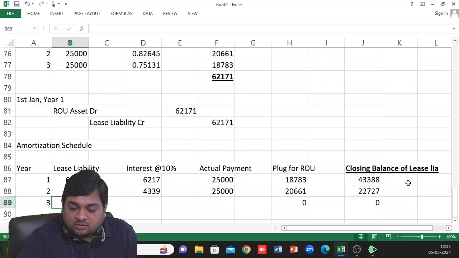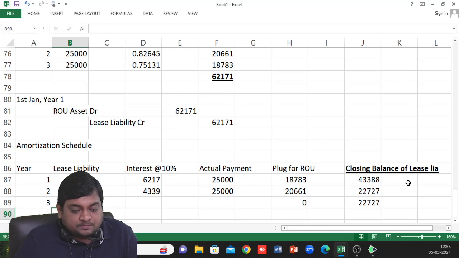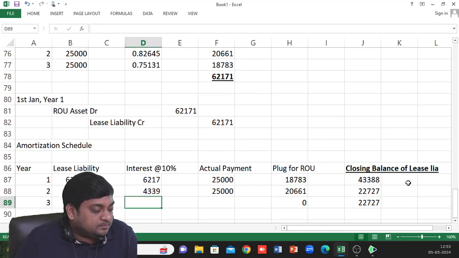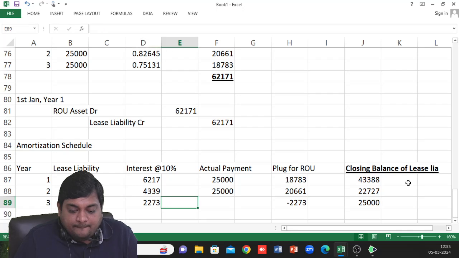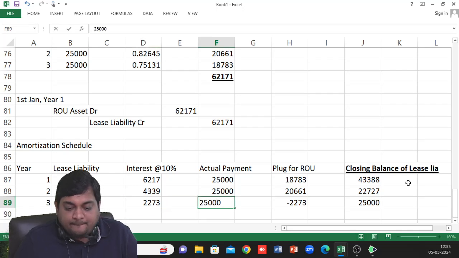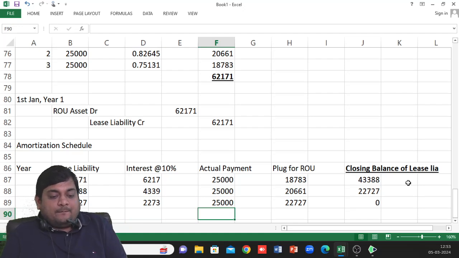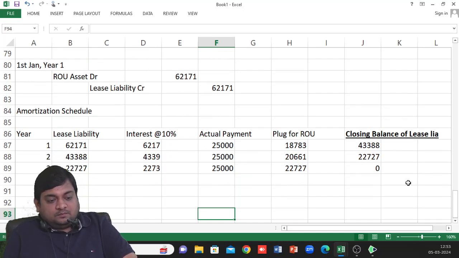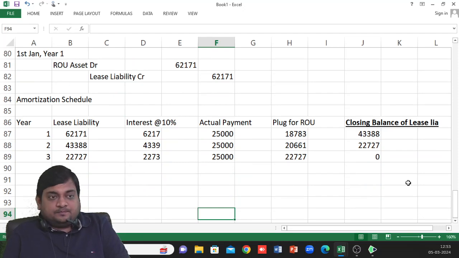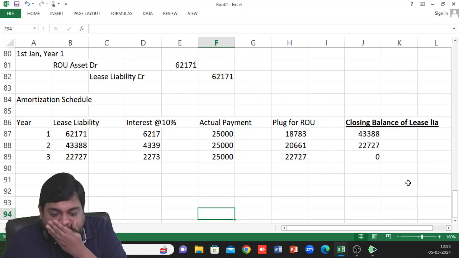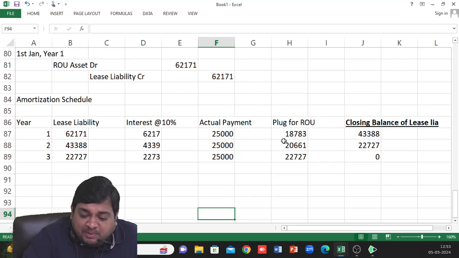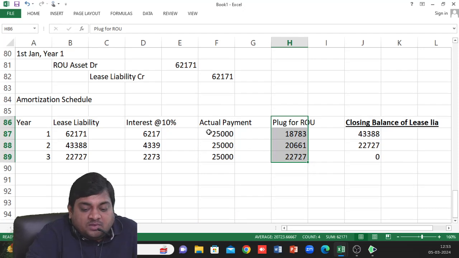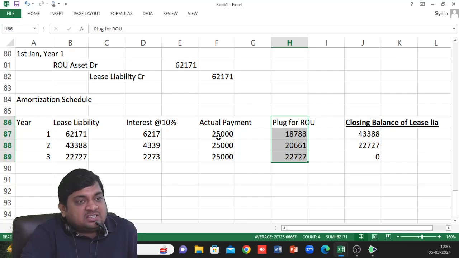So next year it is 22,727, interest 2,273. This plug is depreciation sort of. Out of this much payment, this much is interest. So the remaining is depreciation.